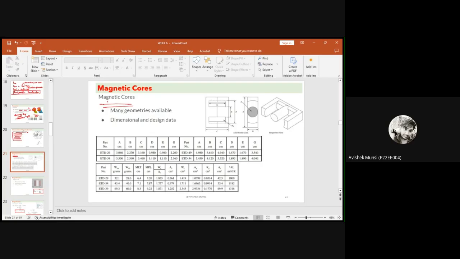So in order to store and return energy to the circuit efficiently and with minimal physical size, a small non-magnetic gap is required. That is why, for designing the inductor, we require a high permeability magnetic core material.